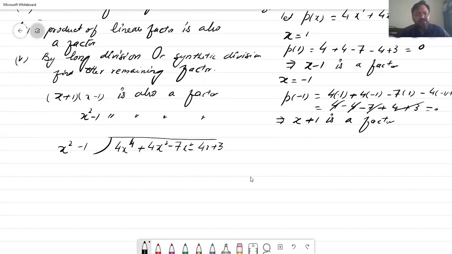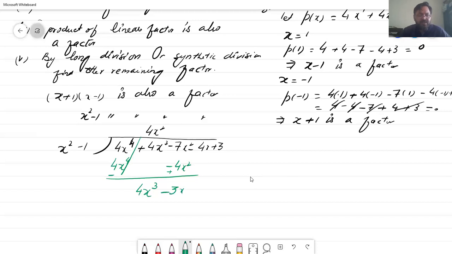You have to multiply by 4x square. I will get 4x raised to power 4 minus 4x square. The terms cancel out. Write in descending order: 4x cube minus 3x square minus 4x minus 3.